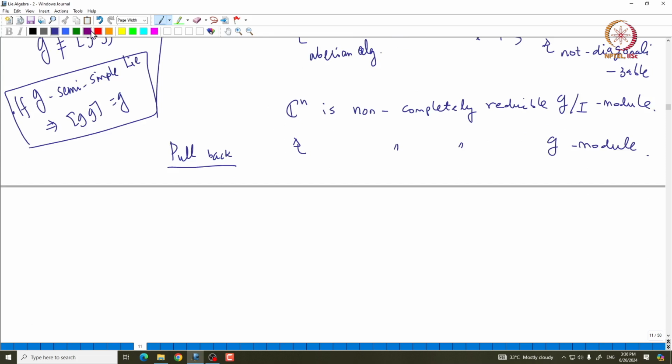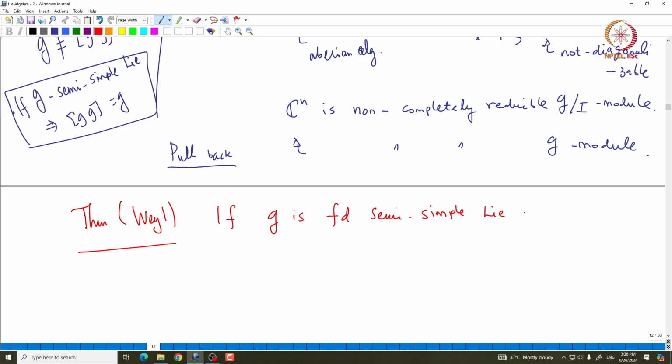This is the theorem of Weyl. It says if G is a finite dimensional semi-simple Lie algebra, then any finite dimensional G module is completely reducible.